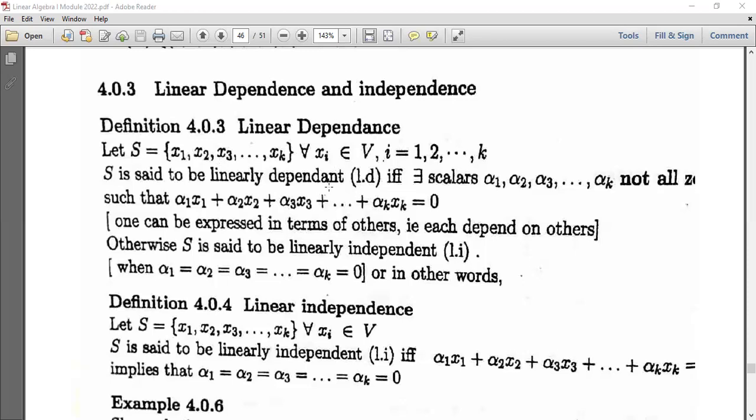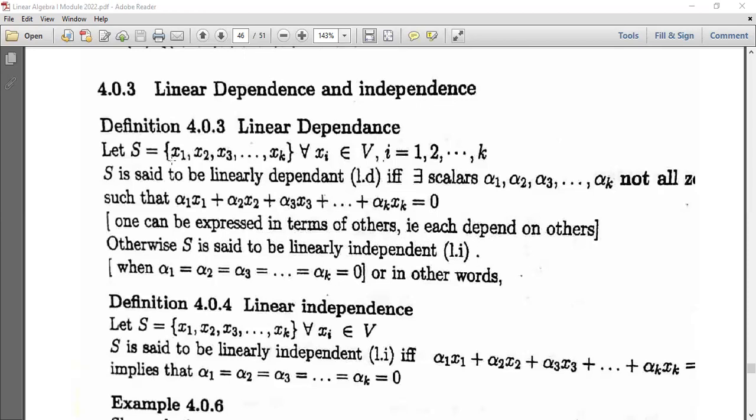One can be expressed in terms of the others, i.e. it depends on the other. That's what linearly dependent means. Otherwise, it is linearly independent.